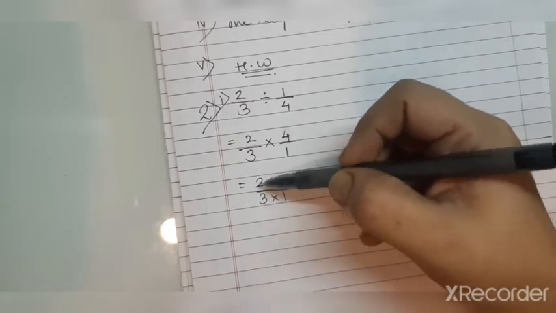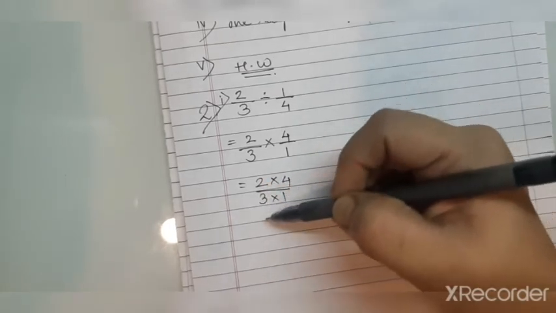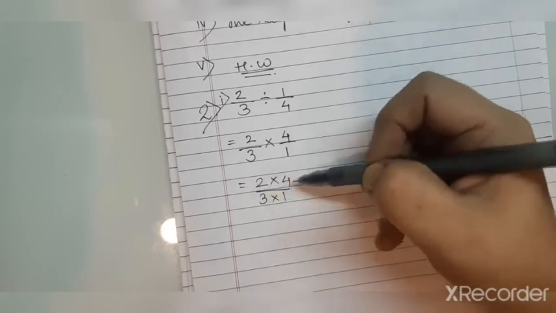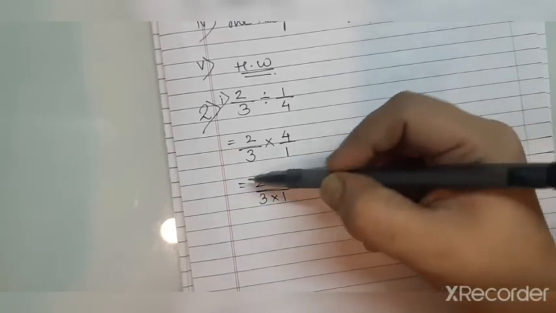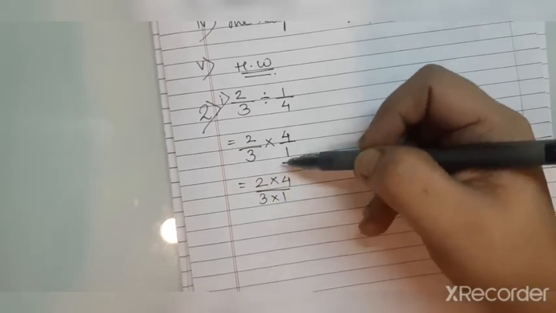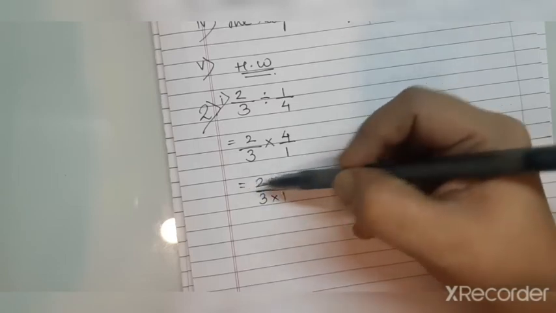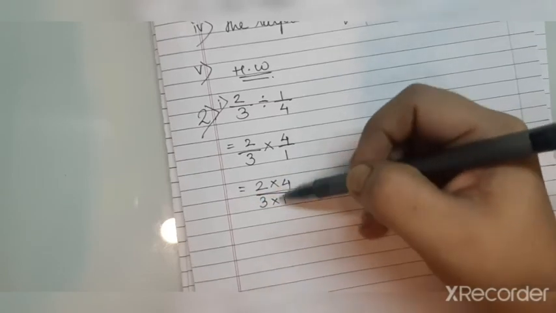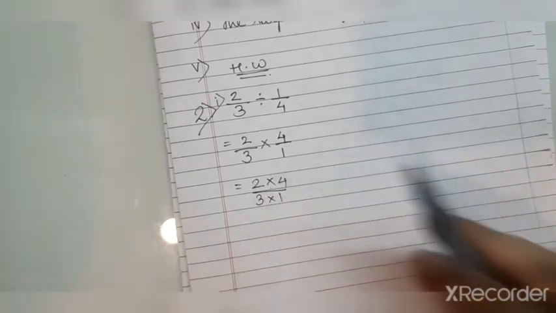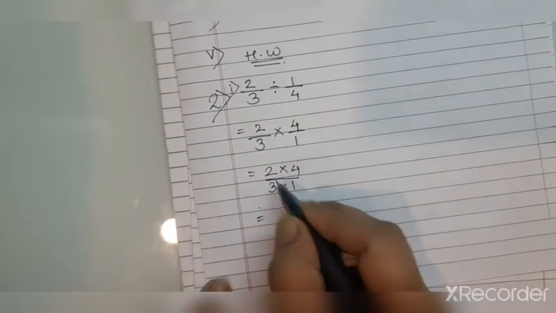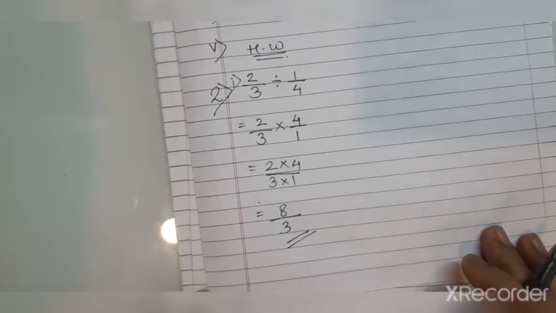So 2 and 3, they are not present in any same table. 3 and 4, again they are not. 2 and 4 are present in the same table. But we cannot cancel 2 and 4 because they are not up and down, numerator and denominator, but side by side. We cannot cancel them because it is multiplied. We can cancel only the things which are divided. Okay, so here nothing can be done. So straight away 2 4s are 8 and 3 1s are 3. So this is our final answer.